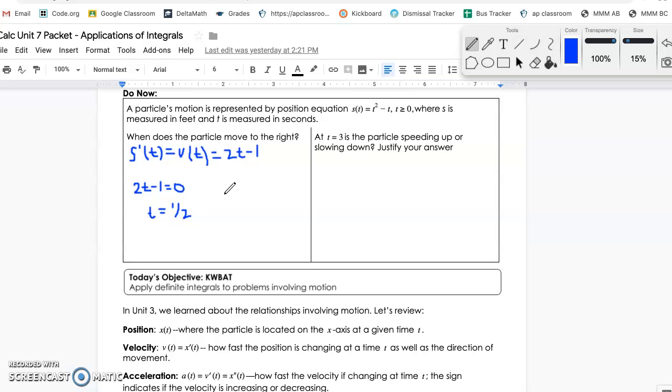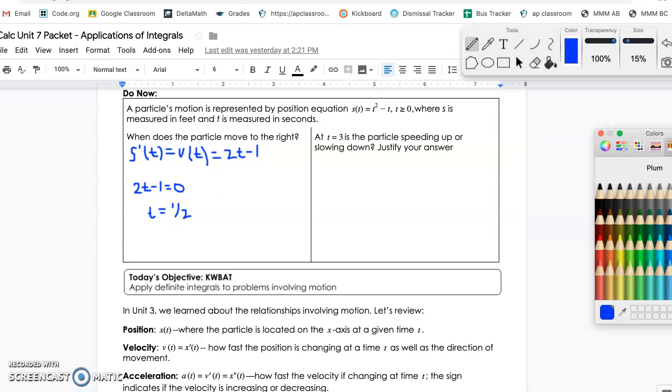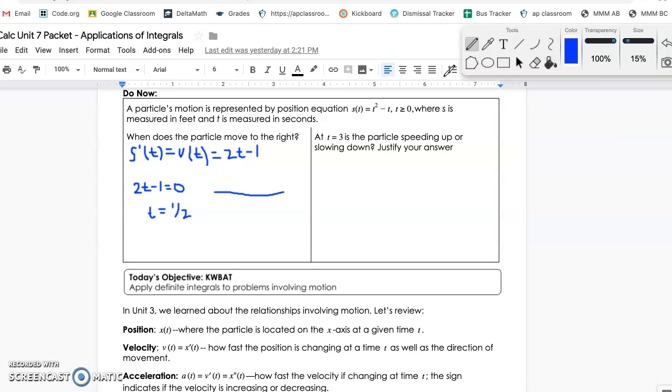Now, from here, I make my sign chart. So I'm going to change my color. So I have t. Oh, the color didn't change. Okay. So I have t here of 1/2. And then I'm going to try a number smaller than 1/2.